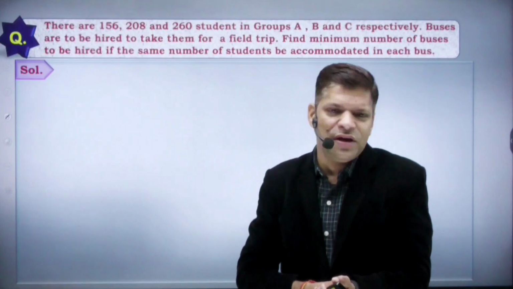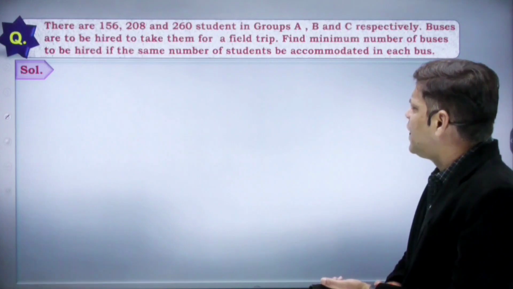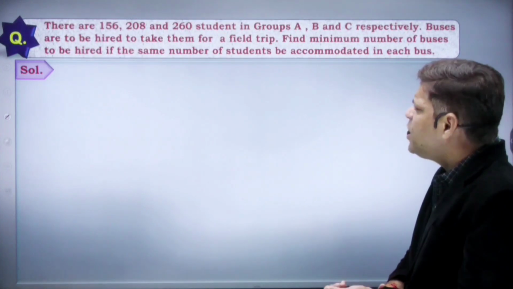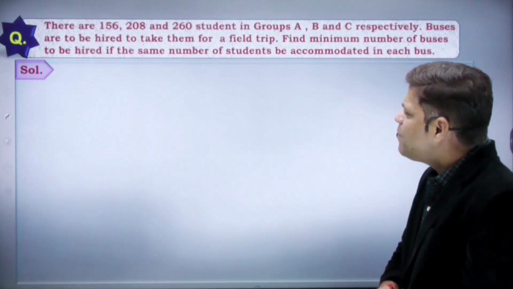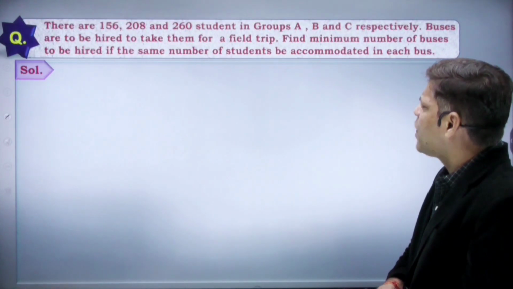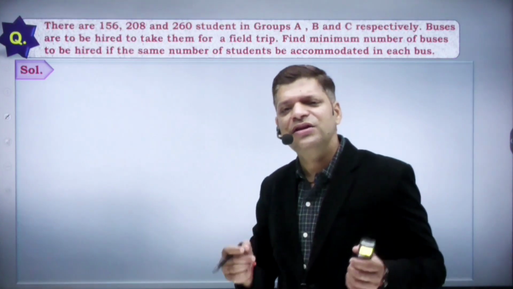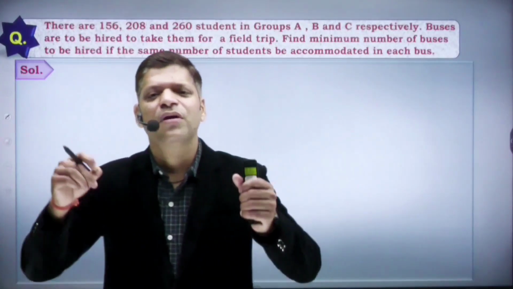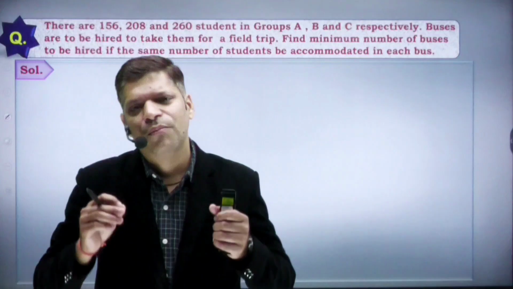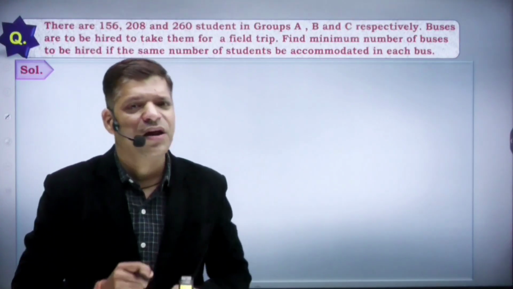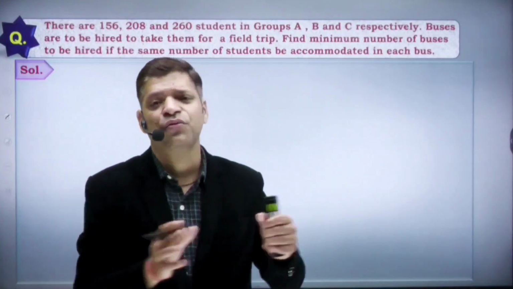Okay, so there is a trip, they all have to journey, and we have to find the minimum number of buses to be hired if the same number of students are to be accommodated in each bus.